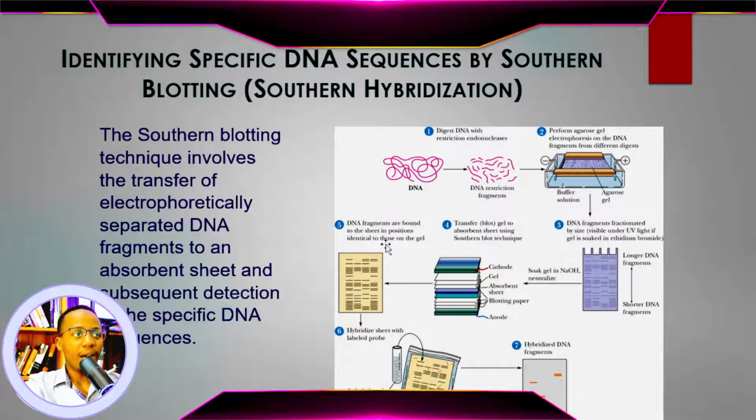Then you add a probe for the DNA that you want to study to see if it is in your sample. And you look at the final results to see what gives you any signal.